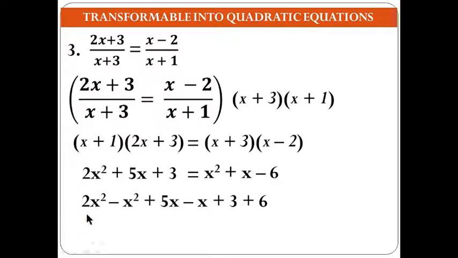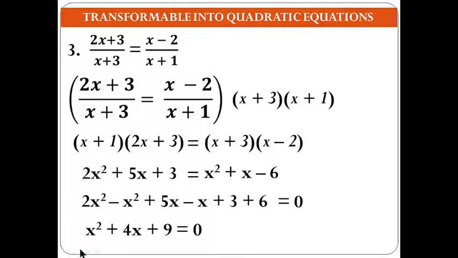So, pag sinimplify, pag kinumbine lahat ng similar terms, so, 2x squared minus x squared ay x squared. Plus, 5x minus x ay 4x. Plus 3 plus 6 ay 9.